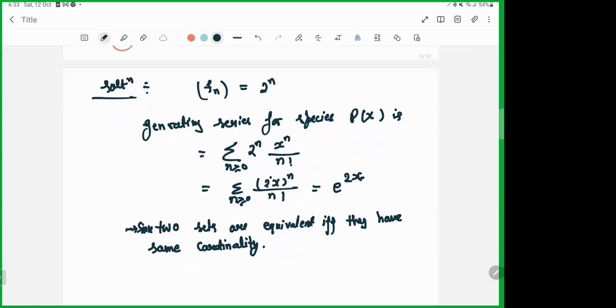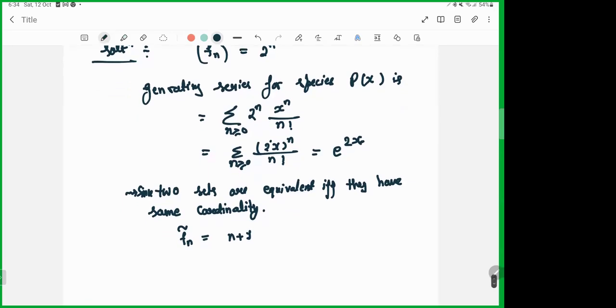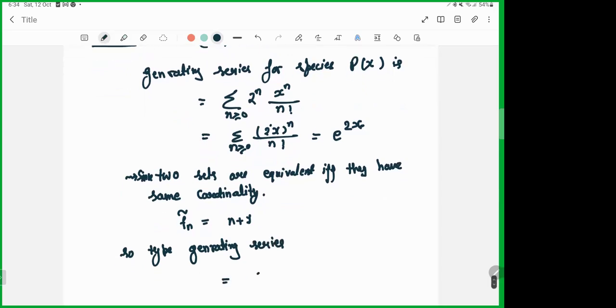So f tilde n is n plus one, and we will get the required thing. The type generating series is the summation for n greater than or equal to 0 of (n plus 1) x^n. Sorry, x to the power n, because in this case it is a formal expression, not an exponential.